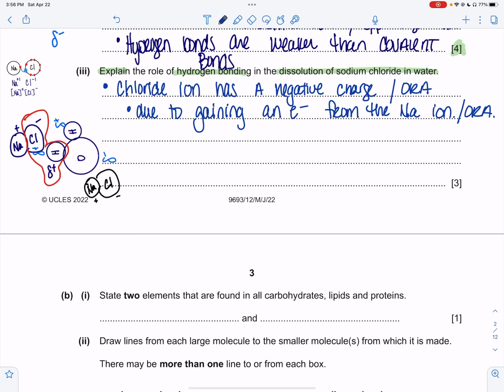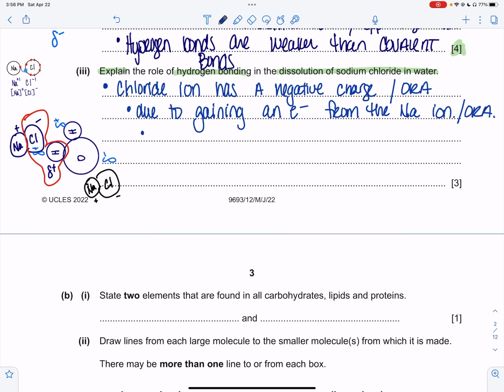Again, or the reverse argument, you could say in the beginning, the sodium ion has a positive charge due to losing an electron to the chloride ion. And if this is overwhelming, just know that it's only sodium chloride that you need to know this for.